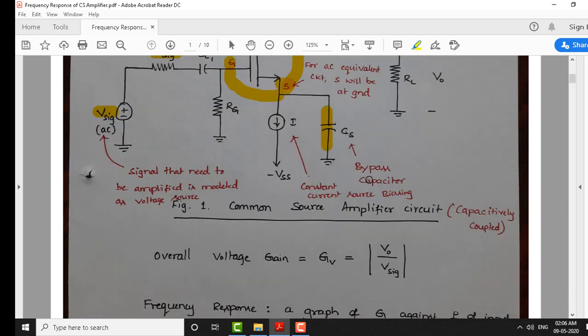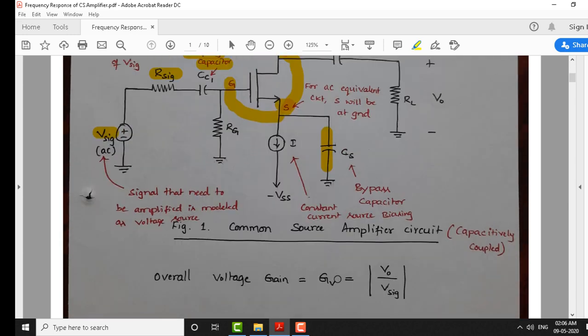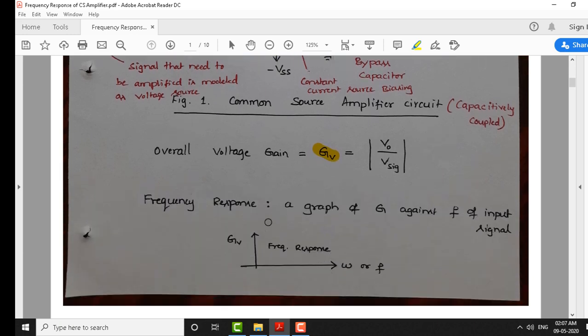From this circuit we can measure the overall voltage gain, denoted as GV. GV equals V0 by V signal. The ratio of V0 divided by V signal is called the overall voltage gain. The frequency response is a graph of the overall voltage gain against the frequency.